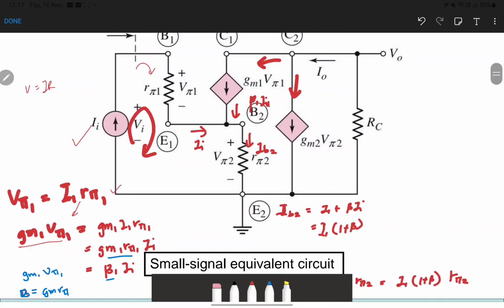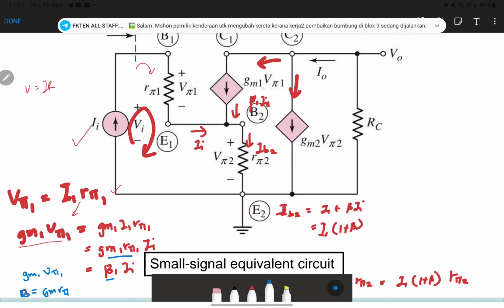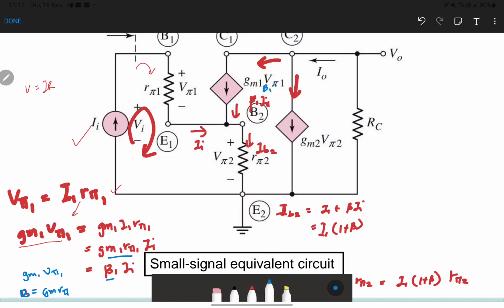So we can replace gm1 V pi 1 equal to beta 1 I1, beta 1 I. Okay, so this is also I.